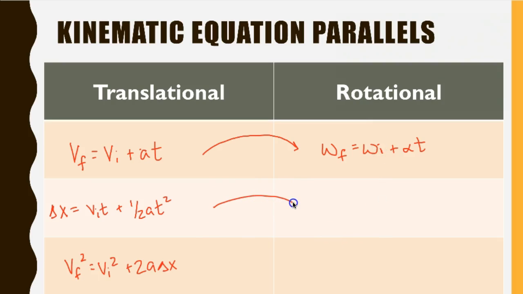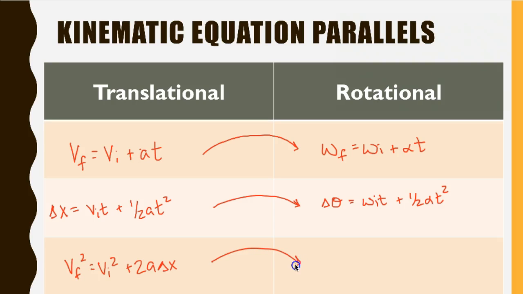The angular displacement equals the initial angular velocity times time, plus 1/2 angular acceleration times time squared.